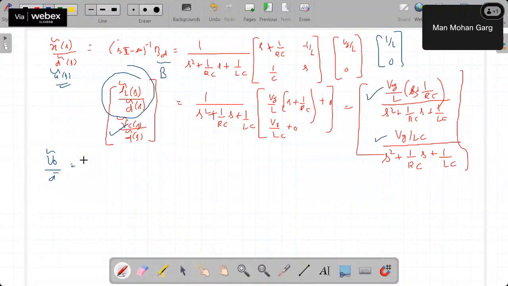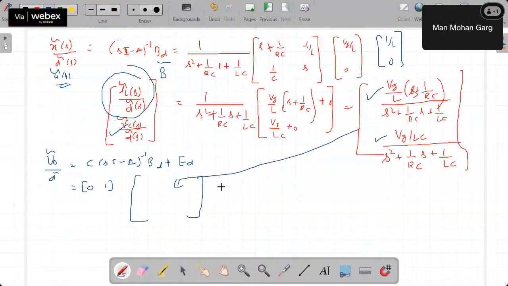Okay, so we have C with us, that is 0, 1. (SI minus A) inverse will be the same, right? And BD will be the same. So if you put this (SI minus A) inverse BD over here, then we will get again the same thing, whatever we got here. If you simplify, then we will get this only here plus ED.